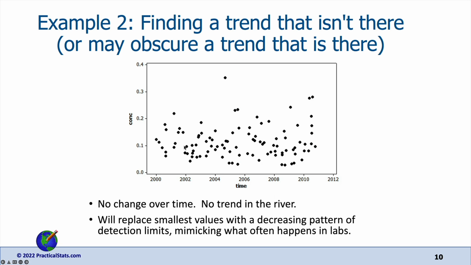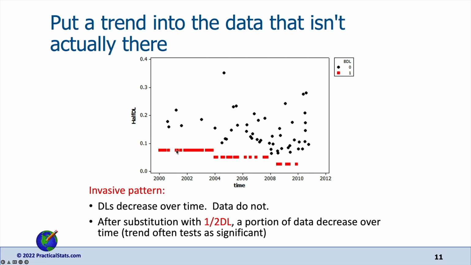And I'm going to take some of the smallest values and call those a detection at a detection limit, and then take 1/2 the detection limit. So here's the detection limits. They're twice as high as these numbers because these are the 1/2 numbers, and because the detection limits went down every couple of years, the 1/2 detection limits go down every couple of years, just to illustrate that visually.